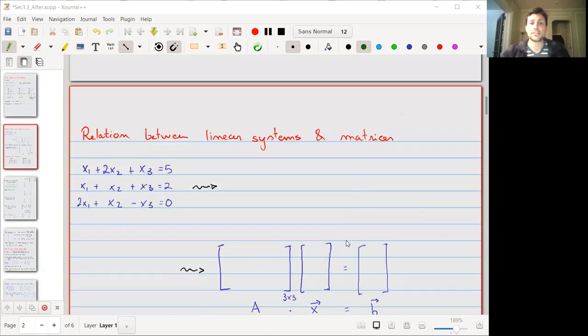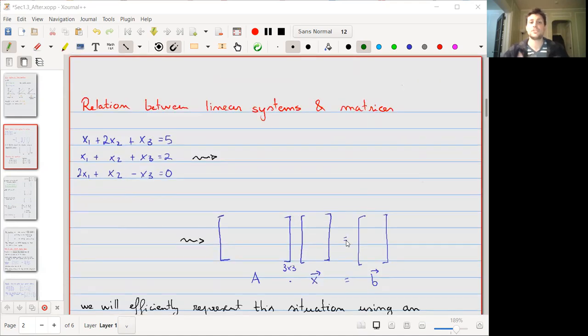What we're going to do next is to translate our knowledge about linear systems into the linear algebraic language. Let's do so in an example. Here's a linear system with three variables and three equations, and I want to rewrite it using our knowledge of matrices and vectors. In particular, let me rewrite it like this. I can collect all of the coefficients in front of x1 as follows: 1, 1, and 2.